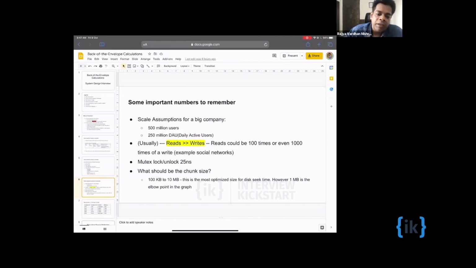So in some cases the reads can be 1,000 times of writes. This is why in the interview, we should be very careful about the part where reads could be much higher than writes. We have to do the calculations for that much more carefully, and make sure that the number of servers and those things are taken care of.